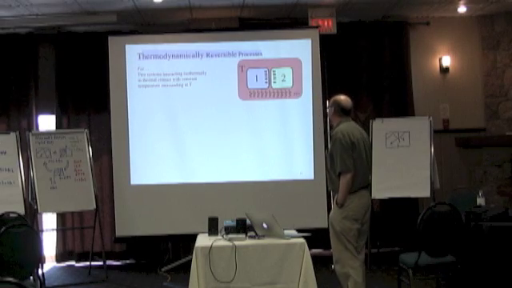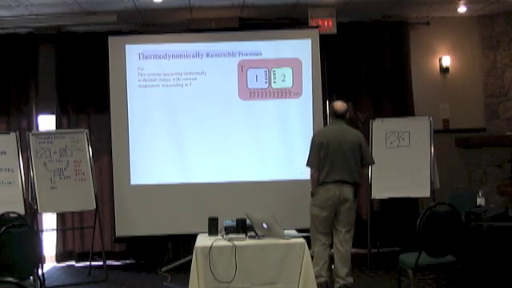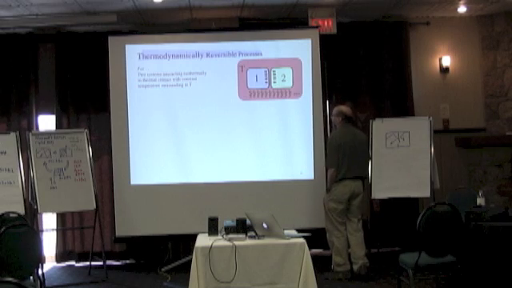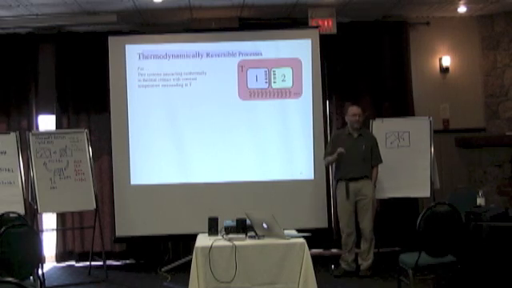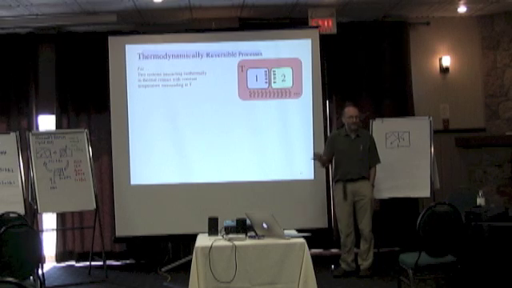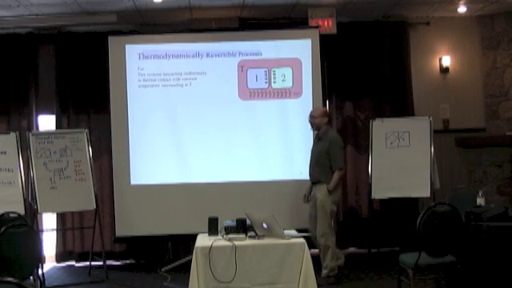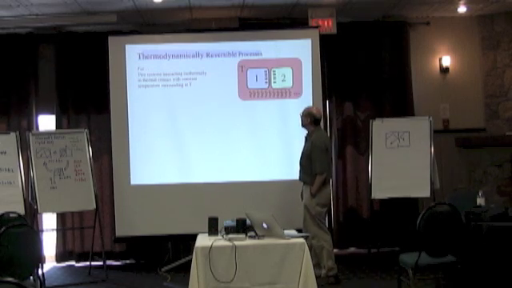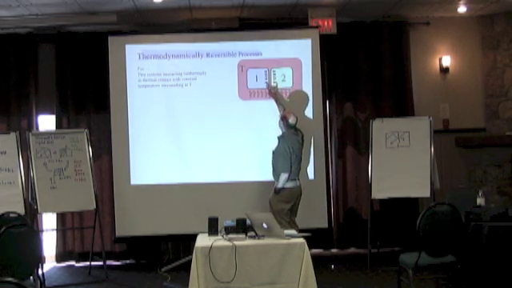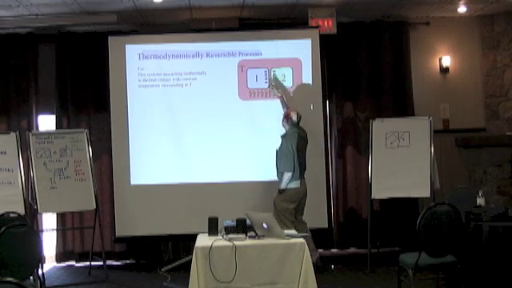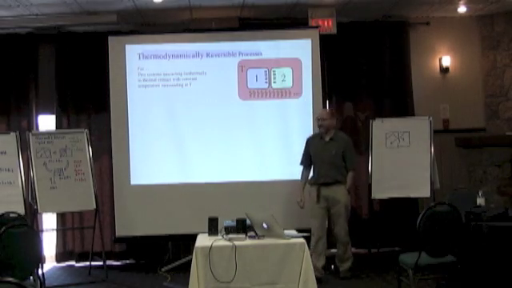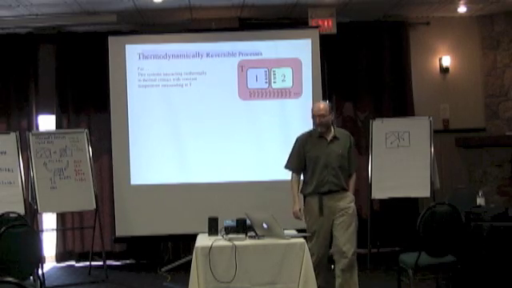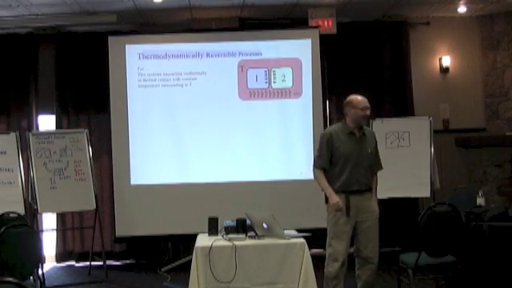So let's look at a thermodynamically reversible process. You'll see how to generalize this very quickly. I'm always dealing with isothermal thermodynamically reversible processes, because that's the standard in the literature. You'd have to adjust things accordingly if you go to anything else, but I don't need to. So I have two systems in thermal contact at constant temperature T in a heat bath surrounded by T. Some process is going to happen.